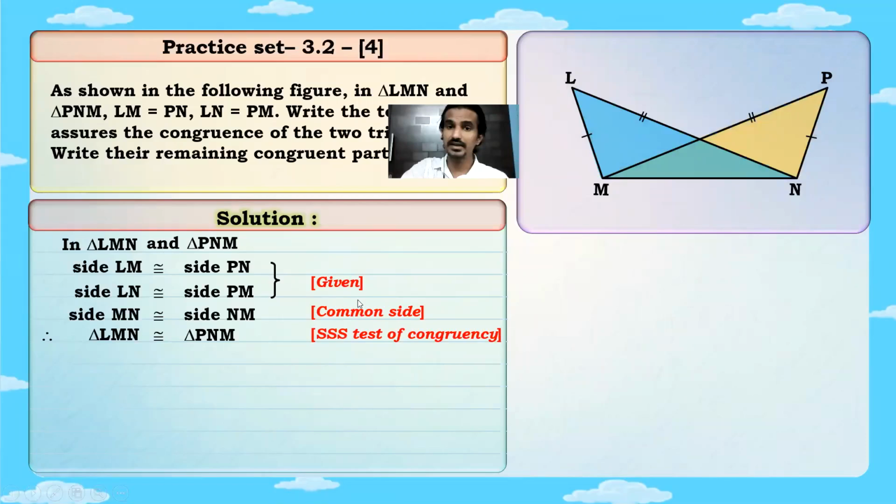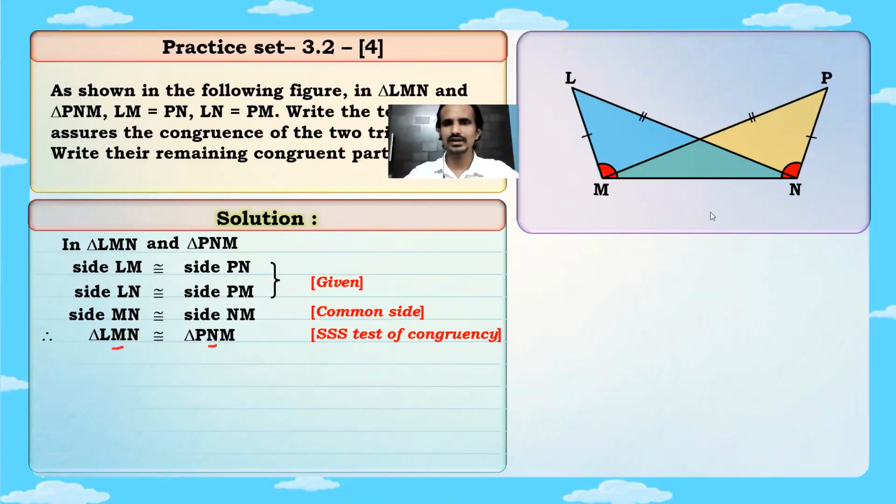We have to write down the remaining congruent parts. Now, since we have used the test SSS, we have used all the sides. So none of the sides are remaining. The only thing that is remaining is the angle. So we have to write 3 pairs of remaining angles. अब वो कैसे पता चलेगा? देखो, we have to follow the names of the triangle for that. जैसे कि देखो triangle का middle letter देखो M and N. So angle M will be congruent to angle N. So see the figure here.